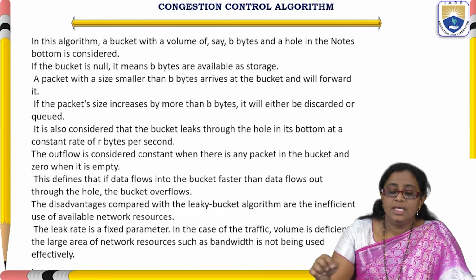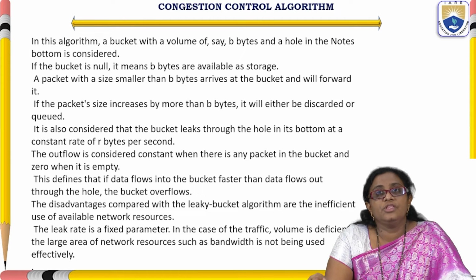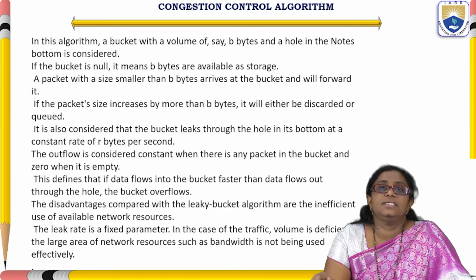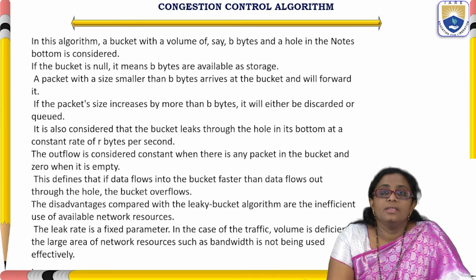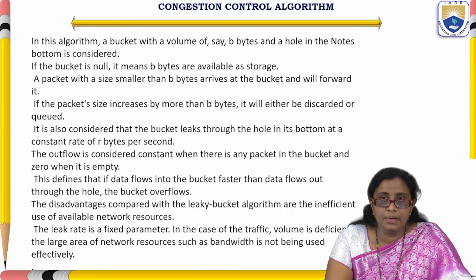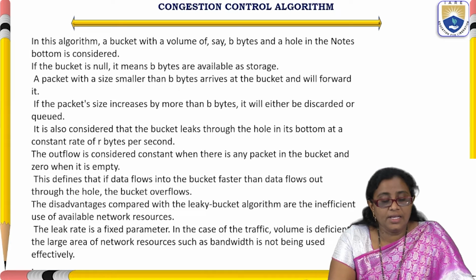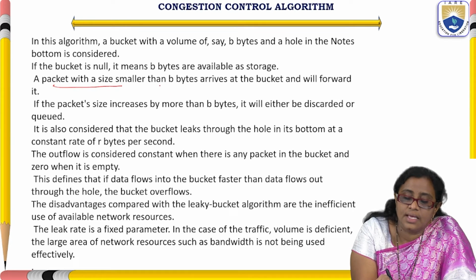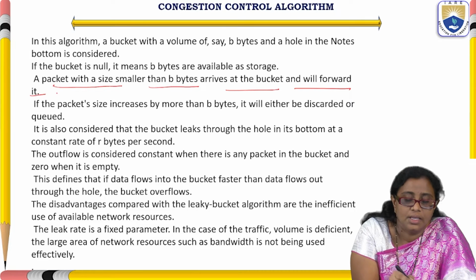Coming to this, in this algorithm, suppose we take a bucket with a volume of B bytes, and a hole in the node's bottom is considered. If the bucket is empty, it means B bytes are available for storage. Next, if a packet with a smaller size than B bytes arrives at the bucket, it will be forwarded.